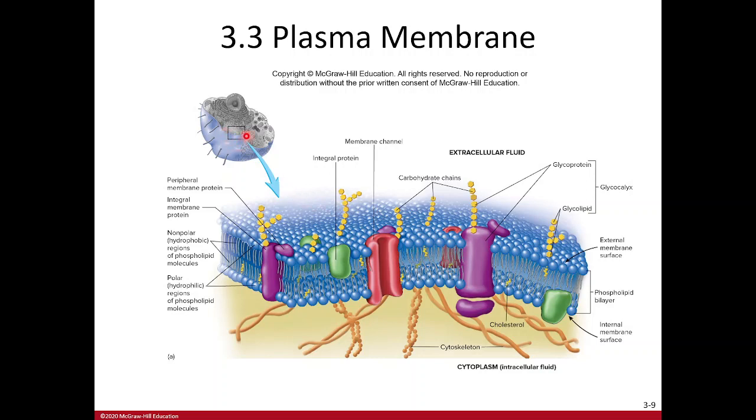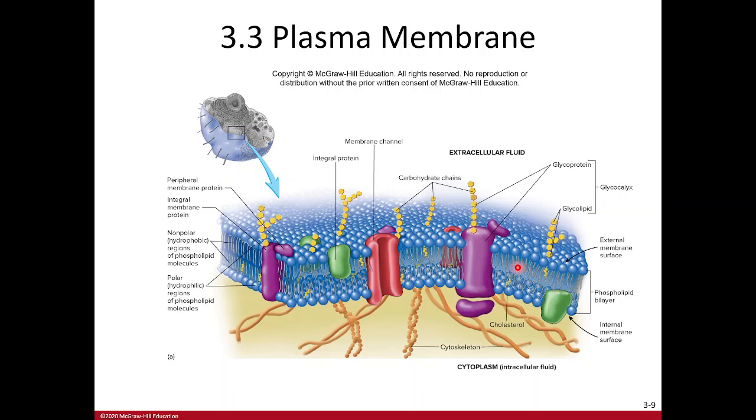So if you magnify this part of the cell from the previous model that we saw before, you see the components of the plasma membrane. So here it is. These are the phosphate groups or heads from these lipid layers, and these little yellow lines that you see represent the fatty acids.